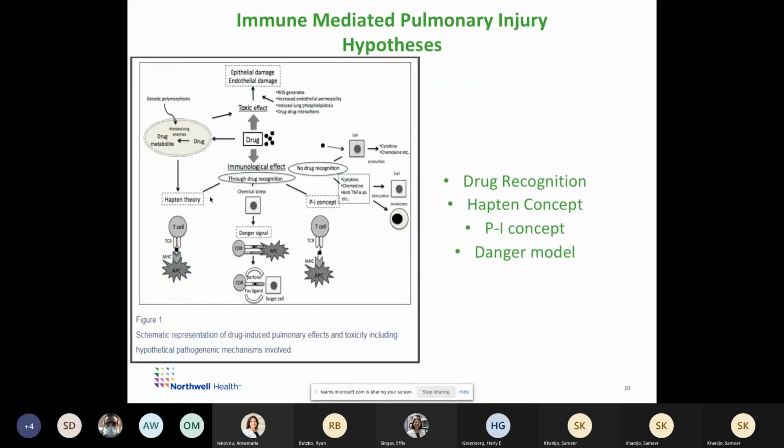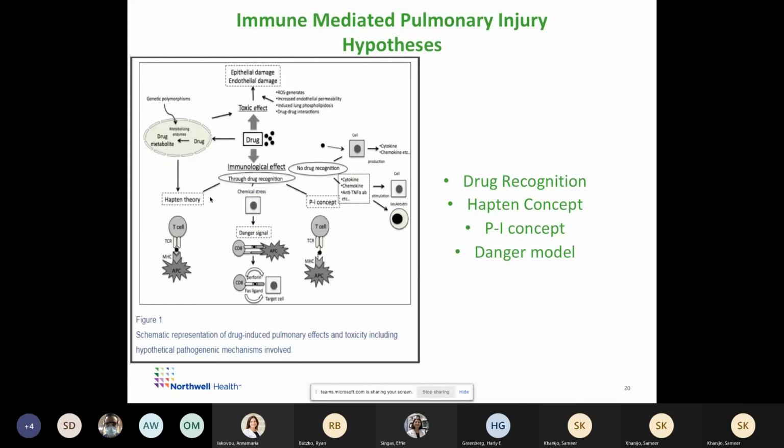Some of these are a little bit more hypothesized, and I'm not going to pretend to go into this. I'll leave this to Andrew at a subsequent talk, but they've looked at whether it's related to drug recognition, the concept of the hapten theory where the T cells bind it and present it to an antigen presenting cell.